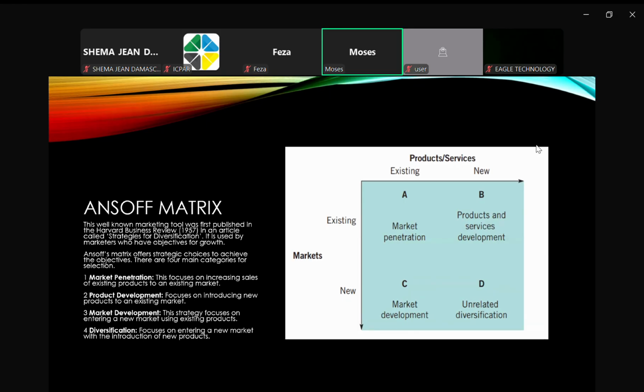And there are 4 options. We have market penetration, market development, product development, and diversification. I encourage you to go and read about each of them and how a company can apply it, and under what circumstances a company can apply this kind of strategy.